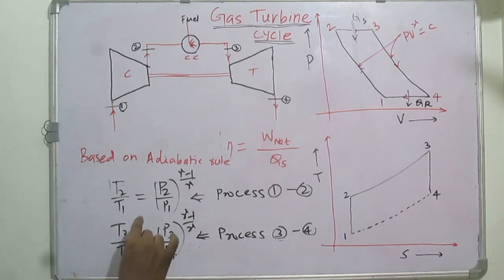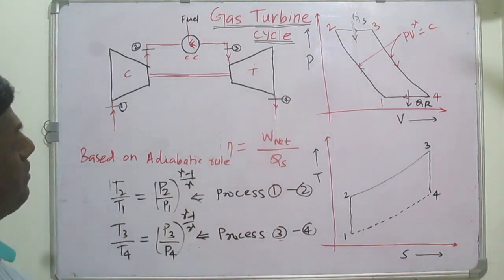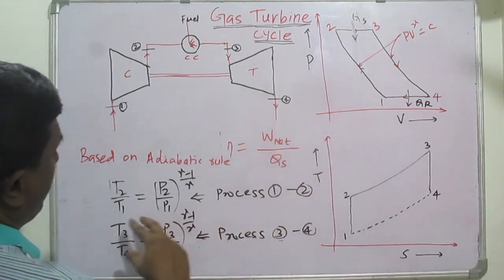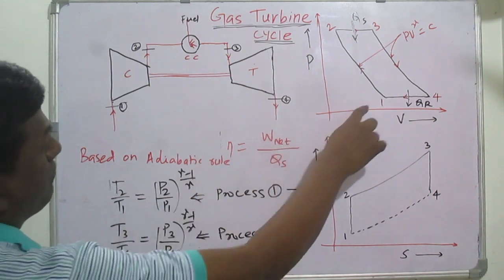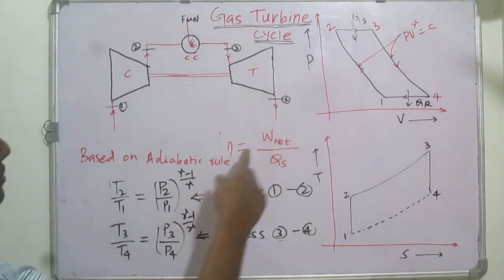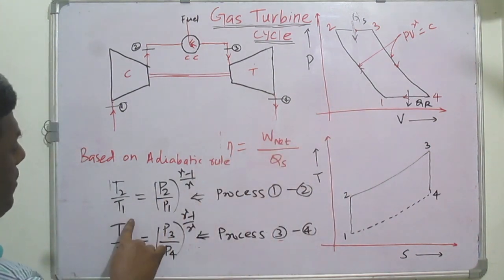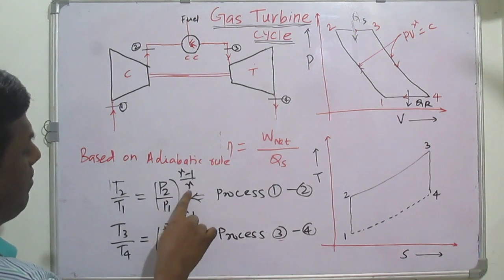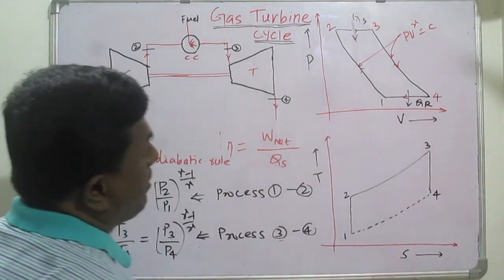Now we got the expression based on the adiabatic law. For the reversible adiabatic, or isentropic process, we write T2 by T1 equal to P2 by P1 whole power gamma minus 1 by gamma, and similarly for the isentropic expansion.